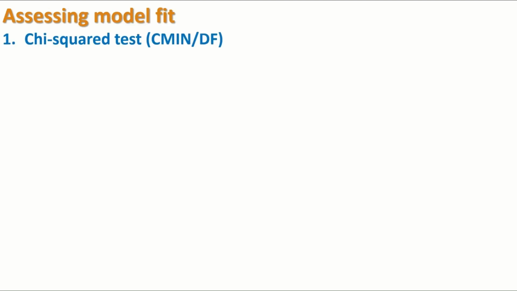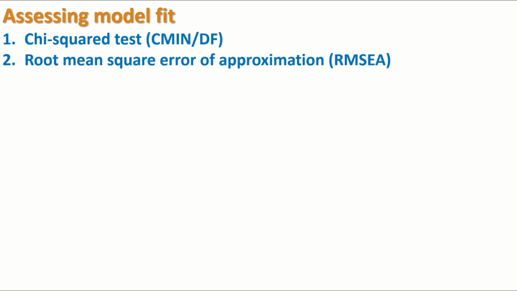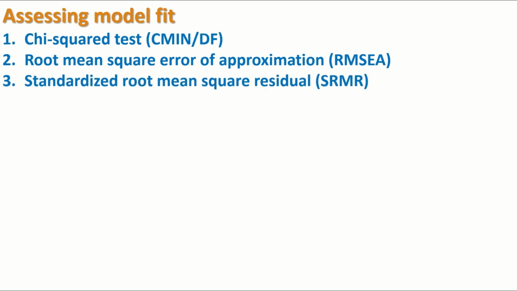Some of the indices that can be used for assessing the model fit are: the chi-square test, CMIN divided by DF. The second one is root mean square error of approximation, abbreviated as RMSEA. The third is standardized root mean square residual, SRMR.